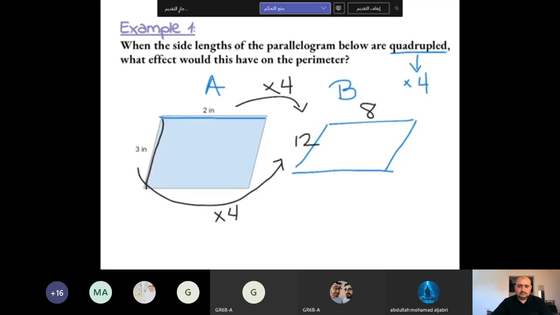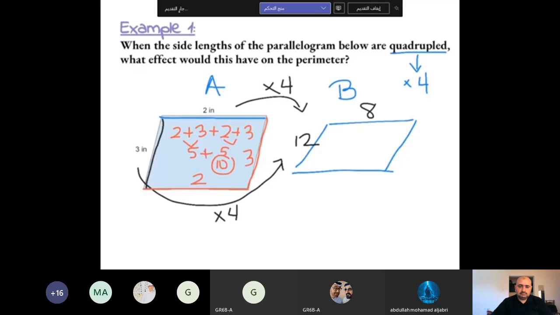So the perimeter of figure A is 2 plus 3 plus 2 plus 3, because this side is also 2, and this side is also 3. So this gives us 5 plus 5, which equals a perimeter of 10.